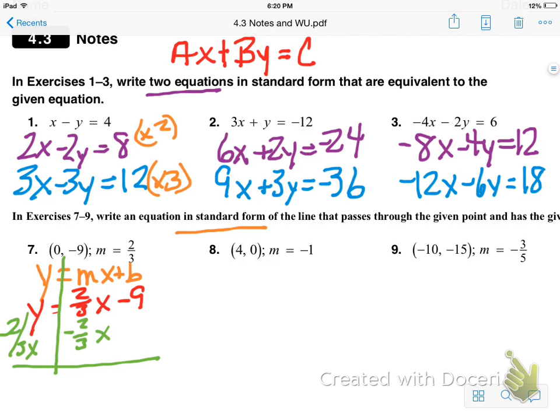So your final answer for this one is negative 2/3 x plus y equals negative 9. So that's how you take a point and a slope and change it from slope-intercept to standard form. So what I'd like you to do now is pause the video and try to do number 8 and 9 and then compare your notes with me.